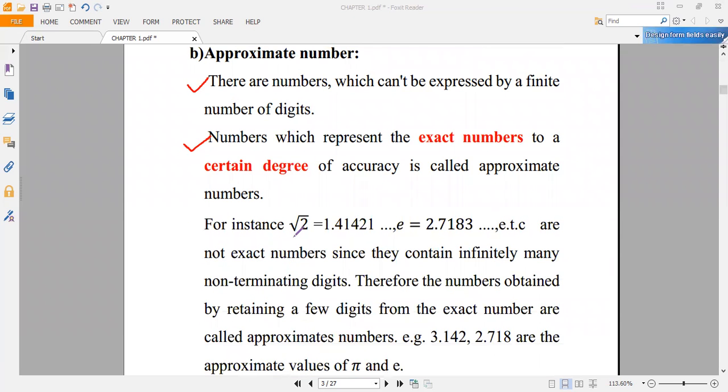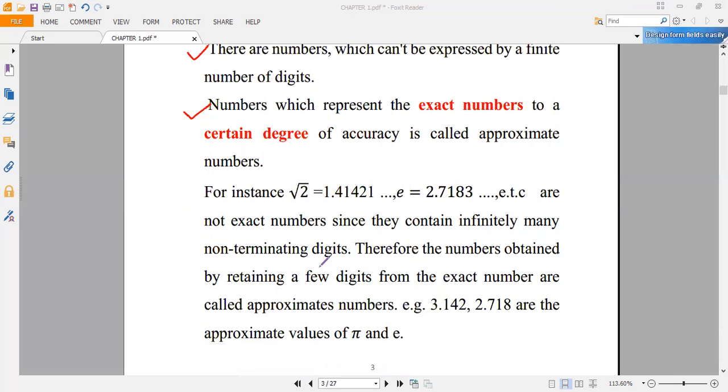For instance, root 2, which is 1.41421, which is non-terminating, and e, which is 2.7183, which is non-terminating, are not exact numbers since they contain infinitely many digits. Therefore, numbers obtained by rounding or leaving out a few digits from the exact number are called approximate numbers.